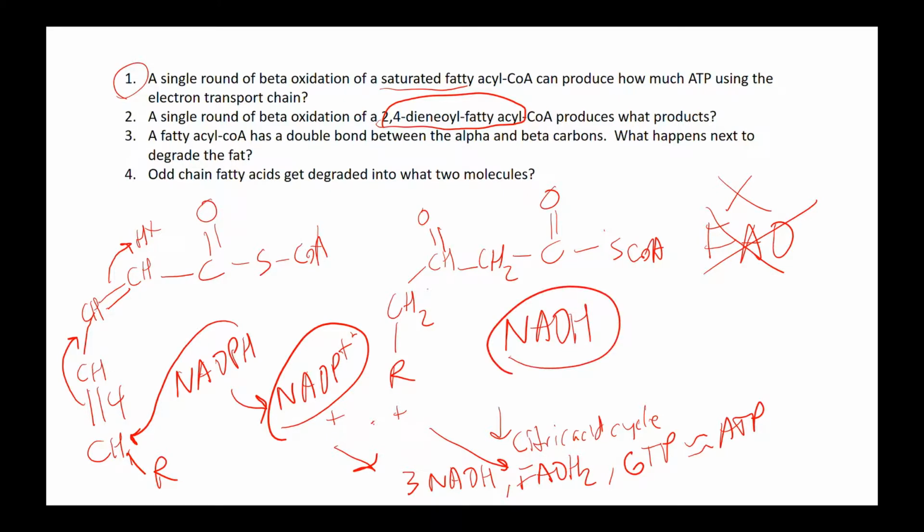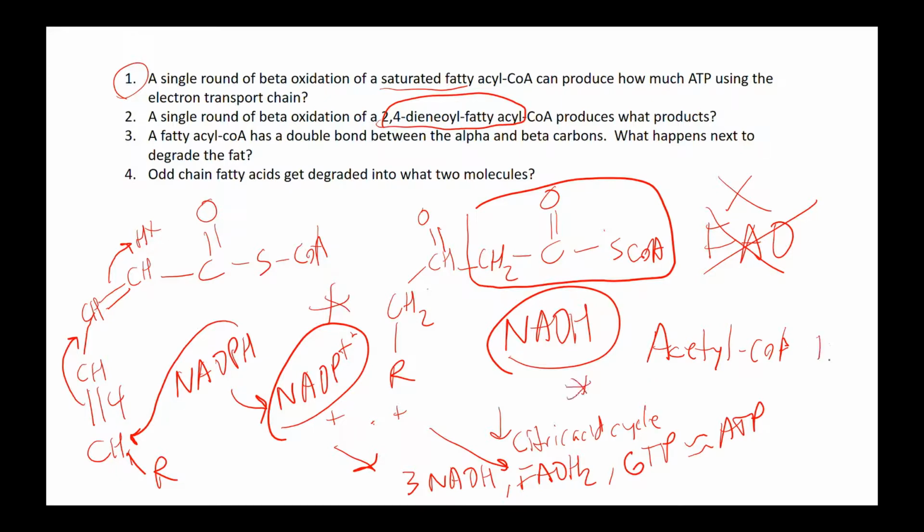So that's another one of our products. And then we would cleave this using thioesterase. And so the products of a single round of beta oxidation of a 2,4-dienoyl-CoA would be NADP plus, NADH, and acetyl-CoA.